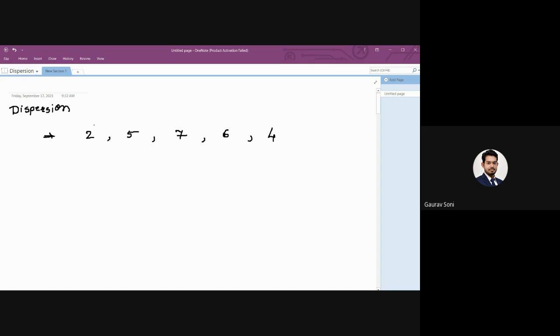This is one set of people, and these are their heights, the integral values I've written. And the other set I will write down here as say 3, 4, 5, 4, 3.